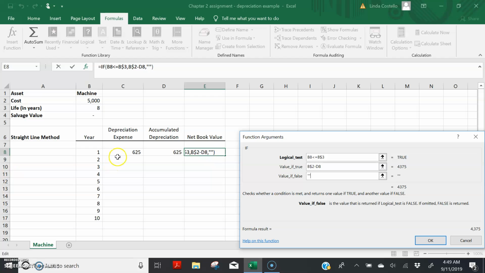And I didn't round this one because both of these numbers are rounded. There's no sense in having to round this one.